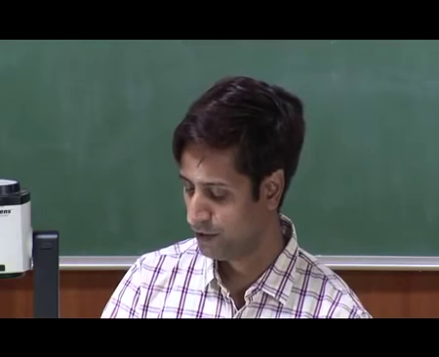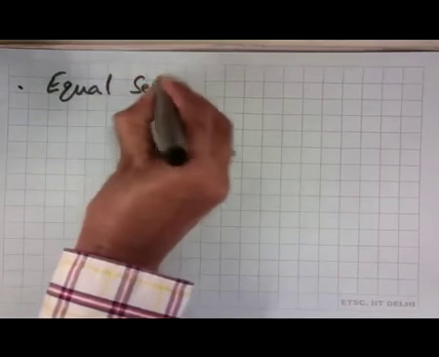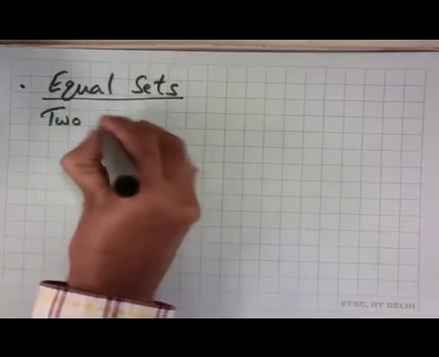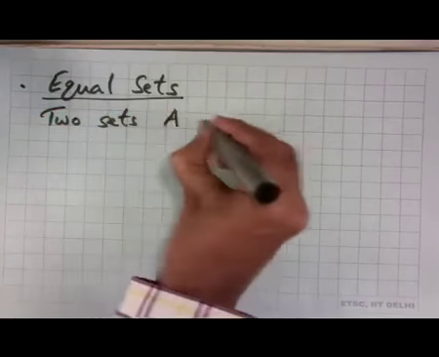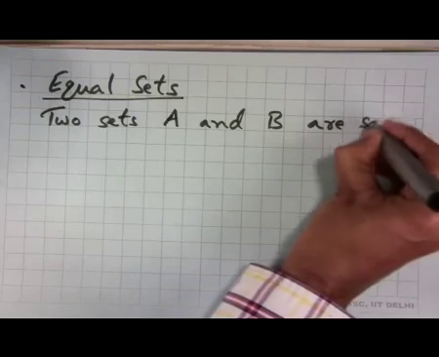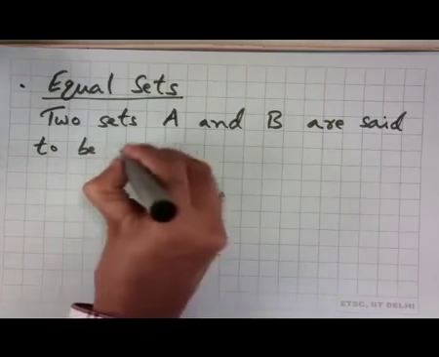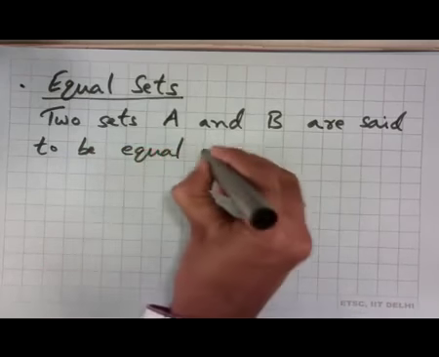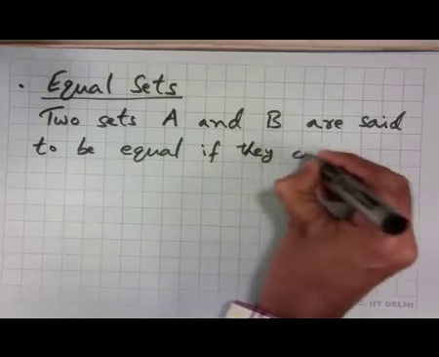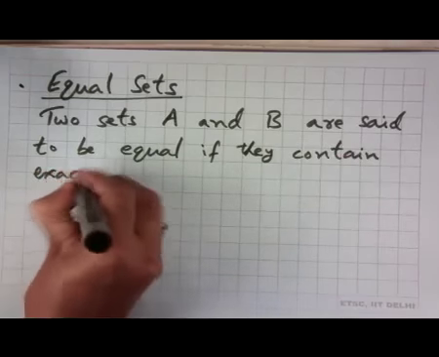So, next thing we will say what we mean by two sets to be equal. Two sets A and B are said to be equal if they contain exactly the same elements.